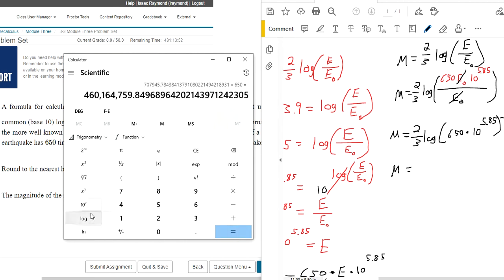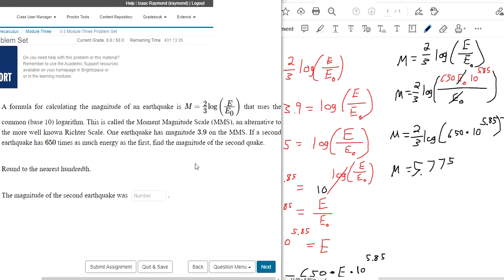And now if I press the common log, that gives us our logarithm, and then if I multiply that by 2 and divide it by 3, that takes care of the fraction. So I got 5.7775. Where does it want us to round? Nearest hundredth. So we're going to say 5.78.